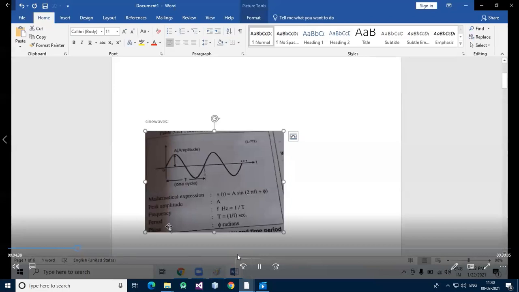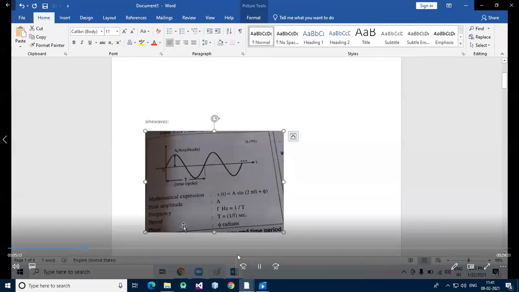The mathematical expression is S of t equal to A sine(2 pi f t plus theta). The peak amplitude is A. Frequency f in hertz is 1 upon time. The period T is equal to 1 upon f, in seconds. And phase is theta, in radians.